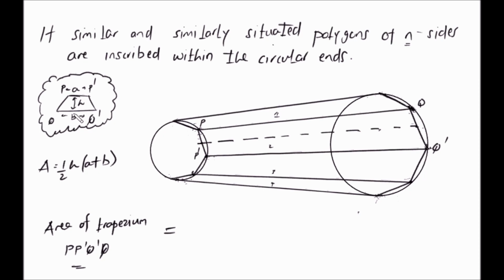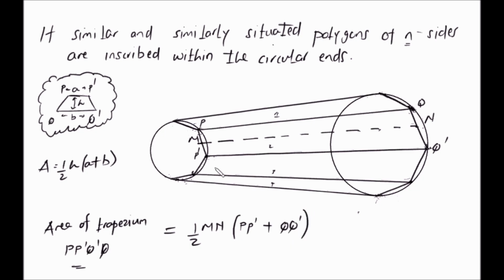Hii katikati kama ilivyo hii. So let's say naanzia hapa at point M mpaka hapa at point N. So the height of this trapezium P dash Q ni MN. So it's half times height ambayo ni MN bracket A sasa ni huku juu ambapo ni P dash jumlisha Q dash.